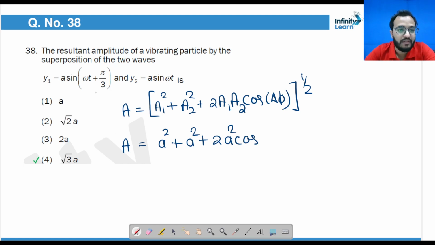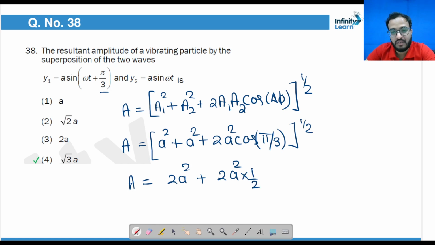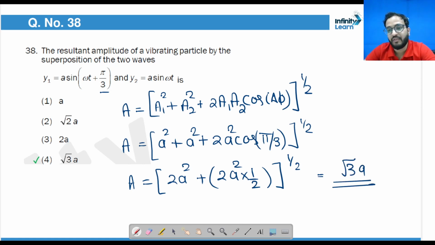Delta phi will be pi by 3. Now cos 60 degrees is half, right? So it will become 2a square plus 2a square into half, whole to the power 1 by 2. It is root 3a.